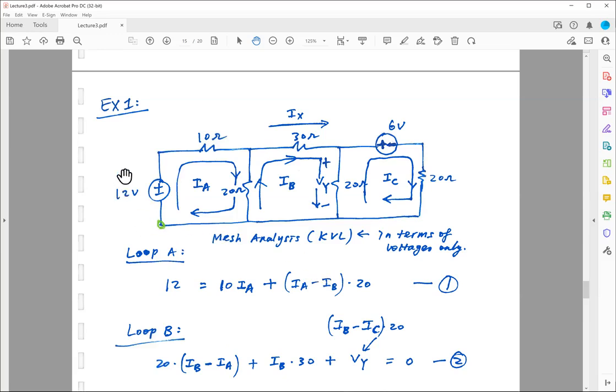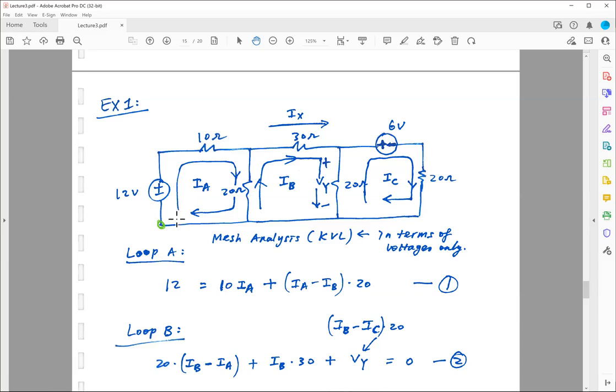For the first voltage, I have a voltage rise because this is my starting point and I'm going up, going from negative to positive. So I expect to have a voltage rise. So I put 12 volts on one side of the equal sign, and then I go to my next voltage drop.